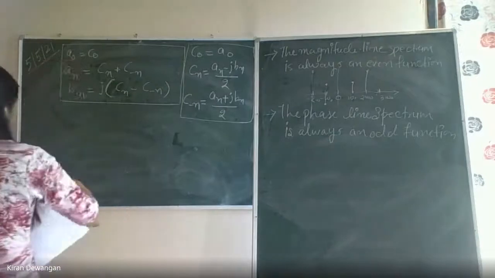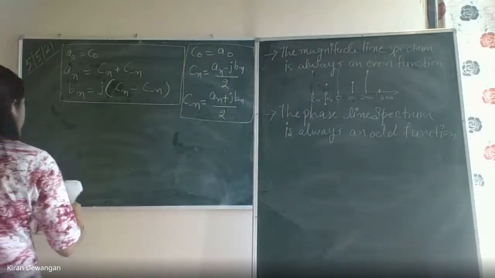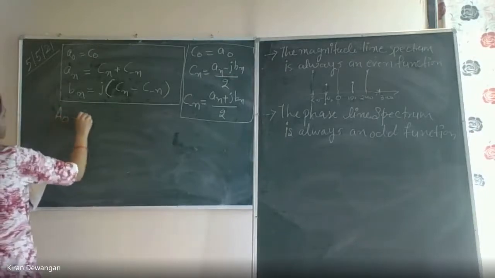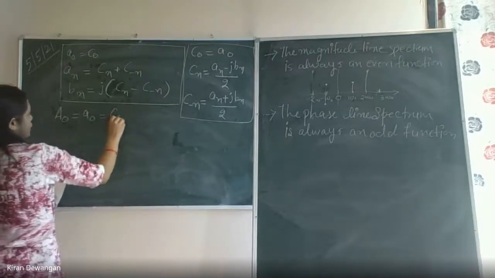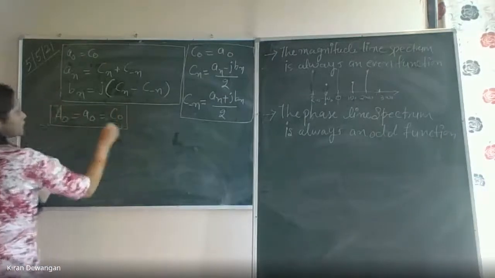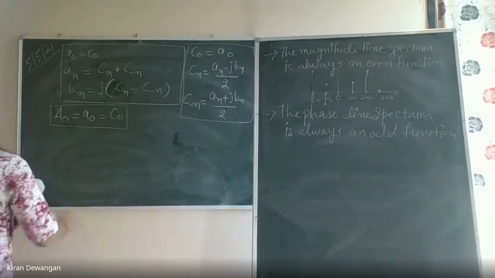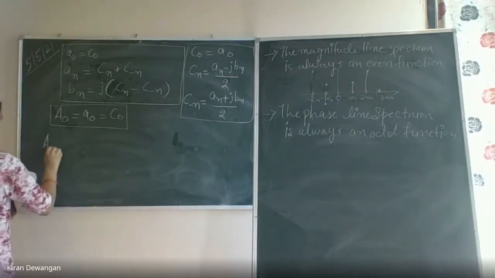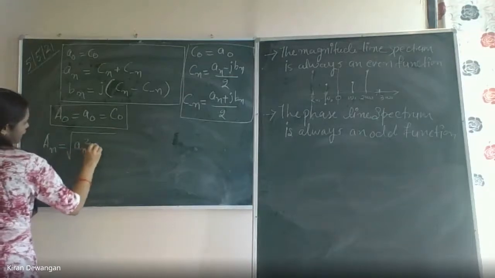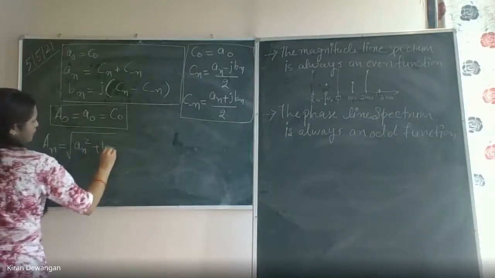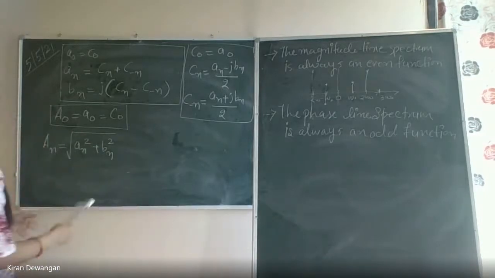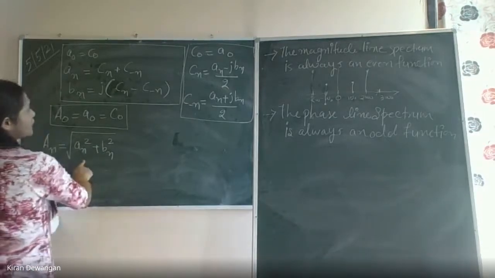Now let's check with the relation between the cosine and exponential Fourier series. ठीक है. A naught is equals to small a naught is equals to c naught. This is the thing we already know. Now an, capital N is what? It is root over an square plus bn square, right? Now what is my an?